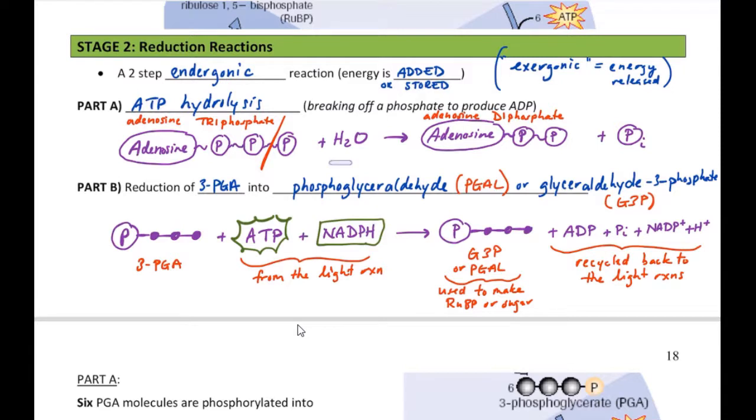Water is going to do the job through hydrolysis of breaking this bond between the phosphates. So then I'm going to end up with an ADP, adenosine diphosphate, and an inorganic phosphate. It's the exact reverse of what we just did 5 seconds ago. In the second section of it, I'm going to take the 3-PGA that I just made.